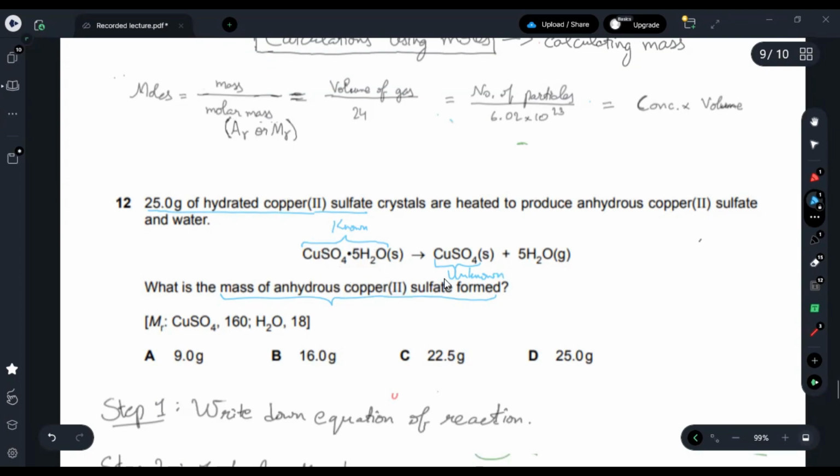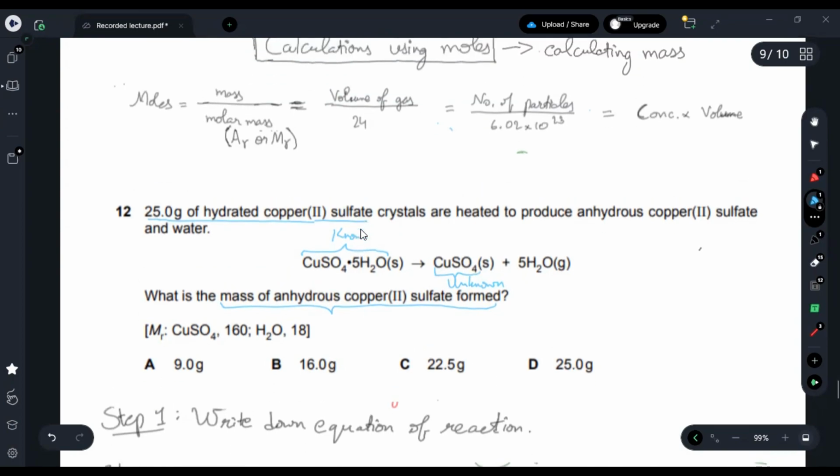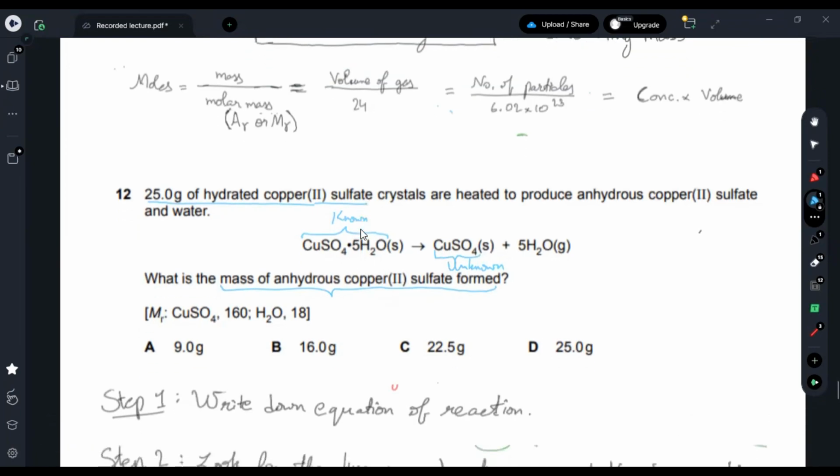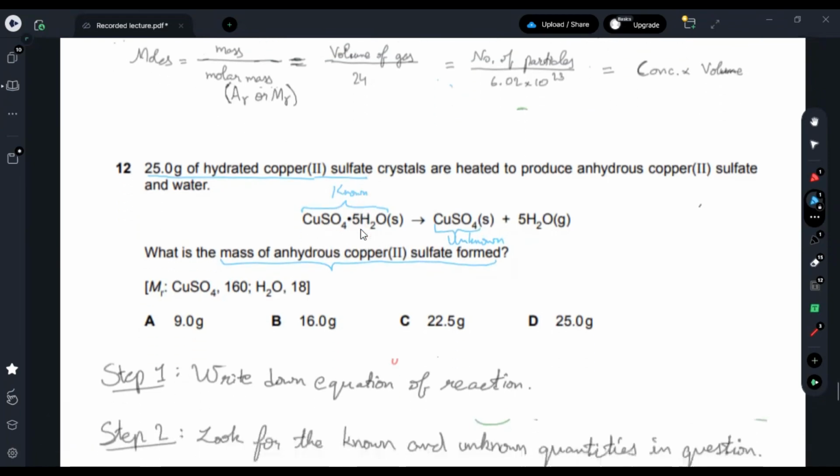Then using the molar ratio, we are going to find the moles of this unknown substance, of which quantity we don't know. And when we know the moles of it, we are going to again use this formula in order to find the mass. If you want to know in detail, just go through a quick recap of the previous video.